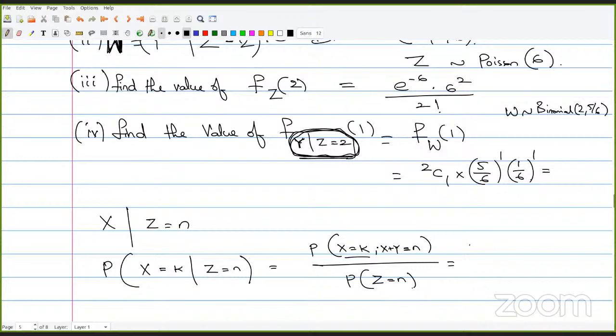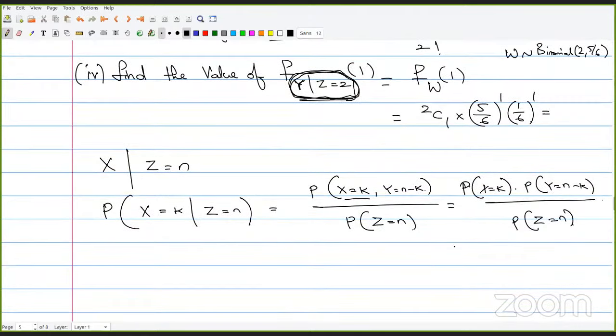So Y equals n minus k. We know that X and Y are independent, so this will be the probability that X equals k times the probability that Y equals n minus k, divided by the probability that Z equals n. X is Poisson, Y is Poisson, Z is Poisson.